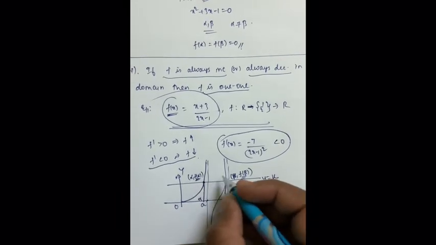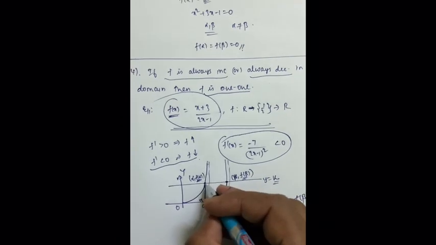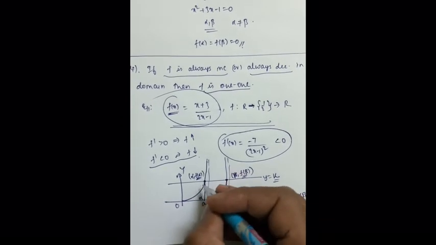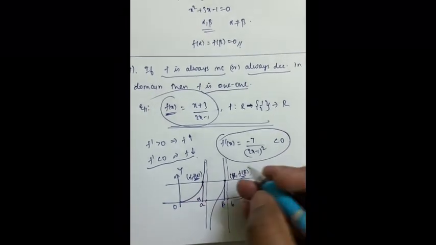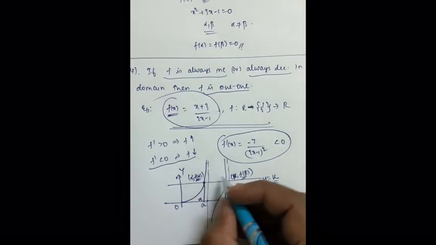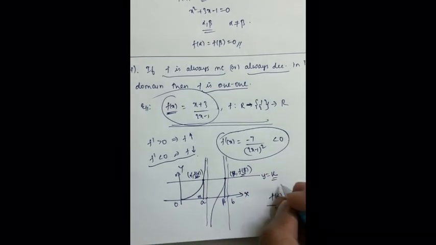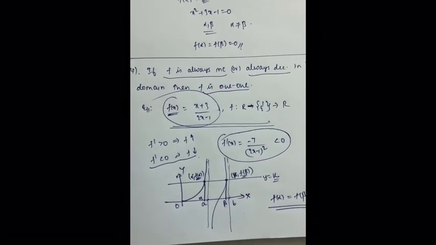If the x coordinate is x, the y coordinate is f of x. So alpha, f of alpha and beta, f of beta are points on the graph, and both f of alpha and f of beta must be k, because they are on the line y equals k.